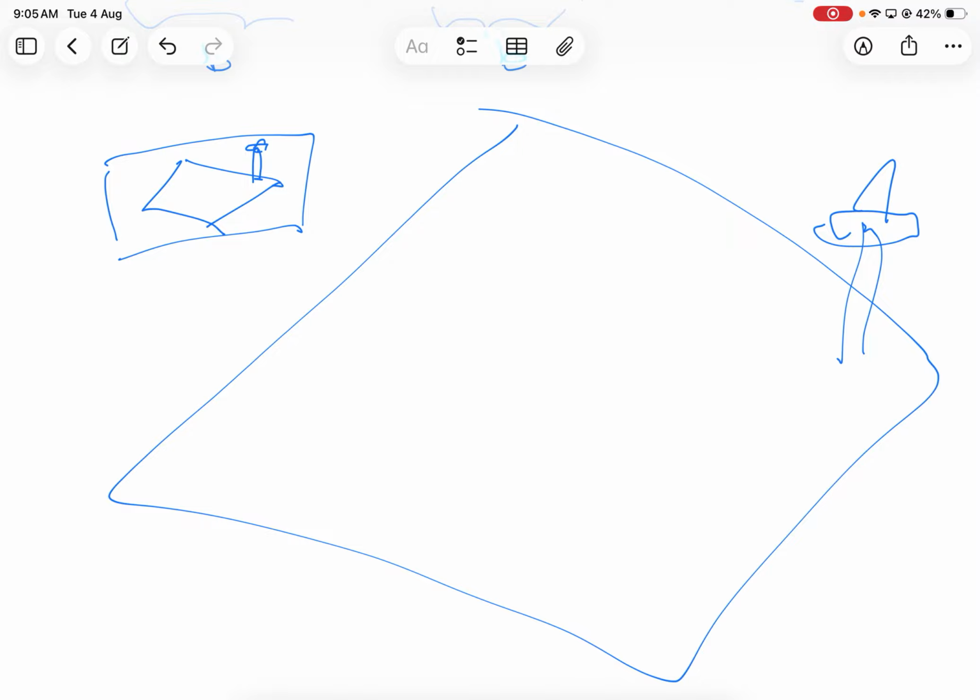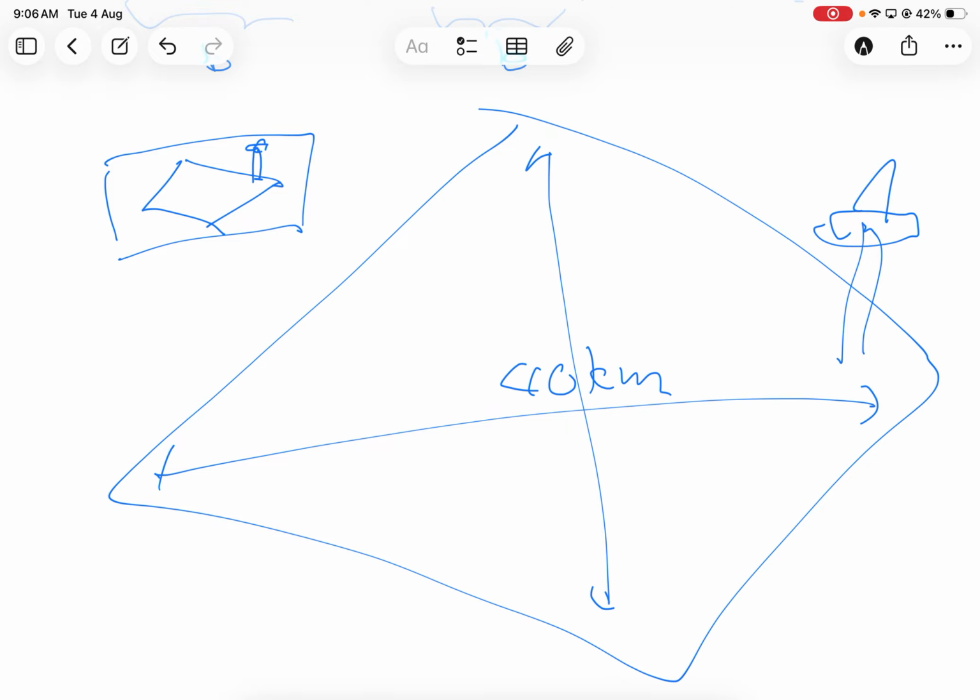Actually a map and the real world are similar figures. Meaning, if my Singapore is 40 kilometers like that, and 30 kilometers like that.